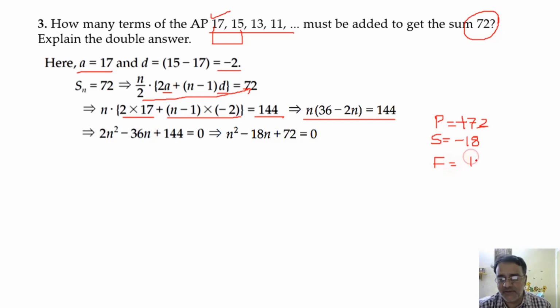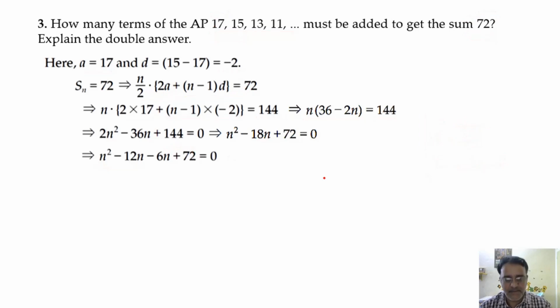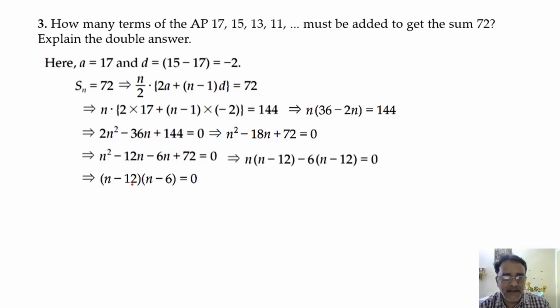Very good. Both should have the same sign, so we take the sign of the sum. This is the splitting of the middle term: minus 12n minus 6n. So what is common between these two? n. Final factors are n minus 12 into n minus 6 equals 0.